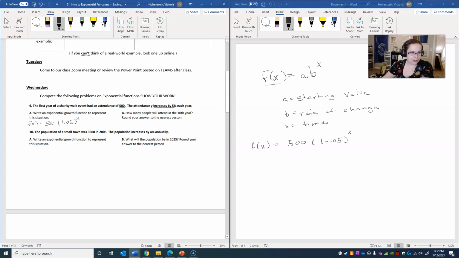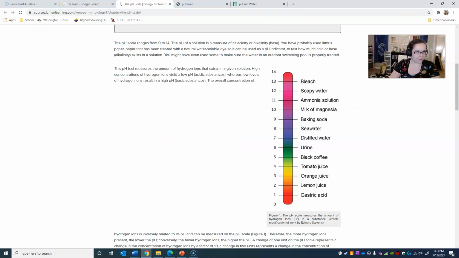All right, so part B of this problem asks how many people would attend in the 10th year? Round your answer to the nearest person. So we're going to take this equation and plug 10 in for x. So f of x equals 500 times 1.05 to the 10th. Let me pull up a calculator.